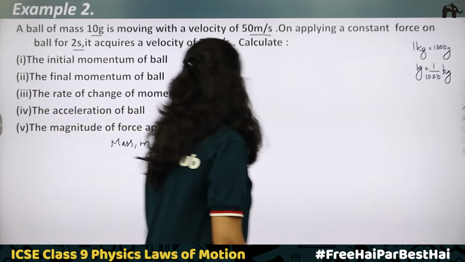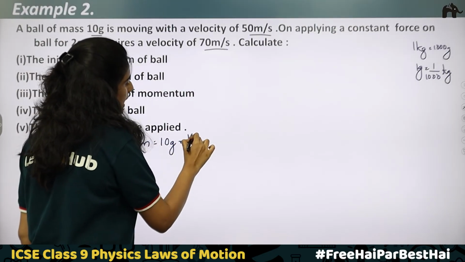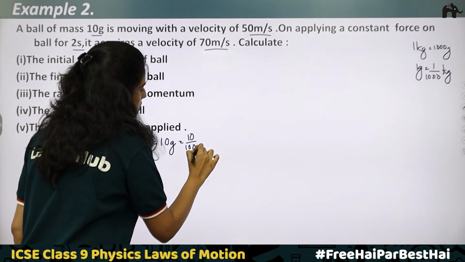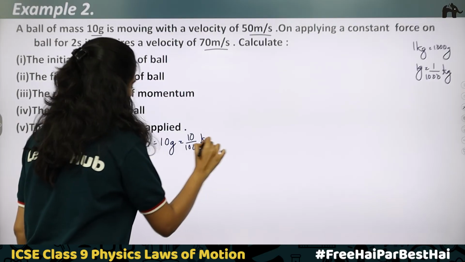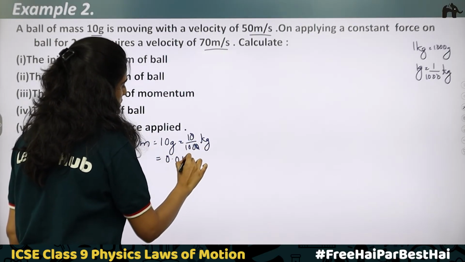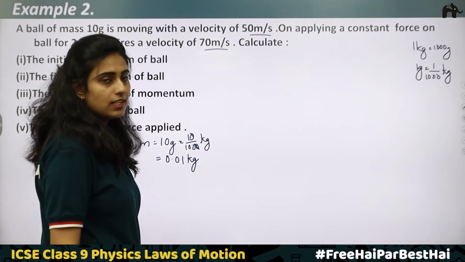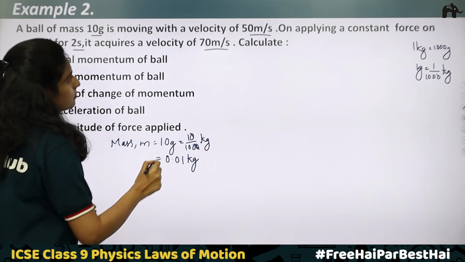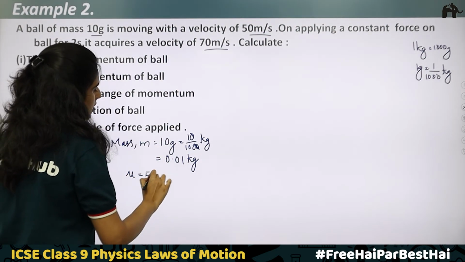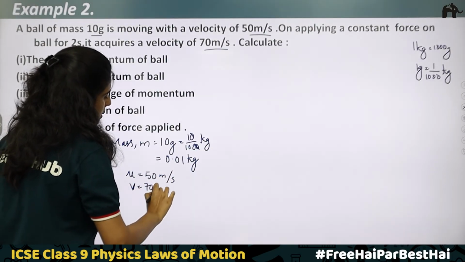Okay, what about 10 grams then? 10 gram will be equal to 10 into 1 by 1000, that is 10 by 1000 kilogram, which is equal to, cancelling zeros, 0.01 kilogram. So, mass is 0.01 kilogram. Next, initial velocity is given, u is equal to 50 meter per second. Final velocity is 70 meter per second.